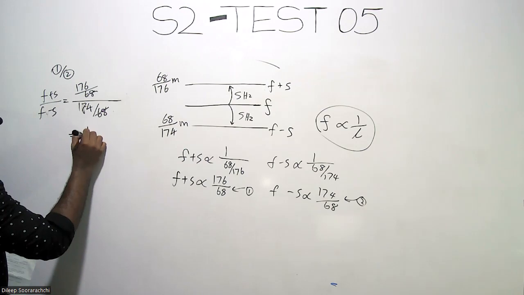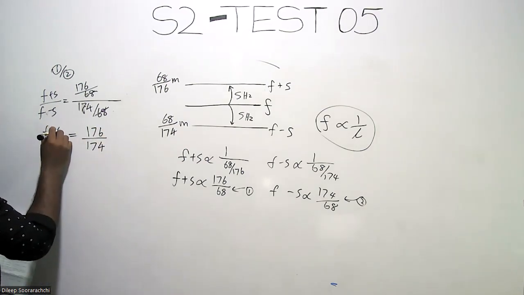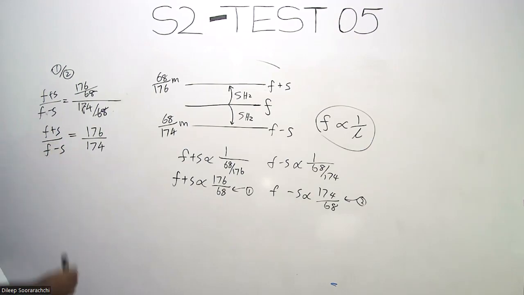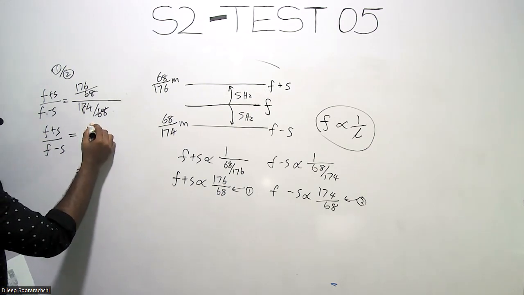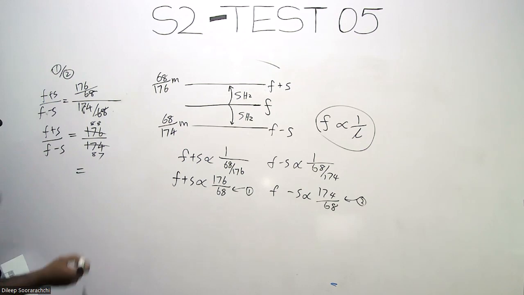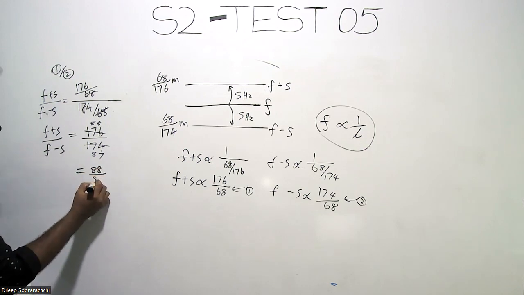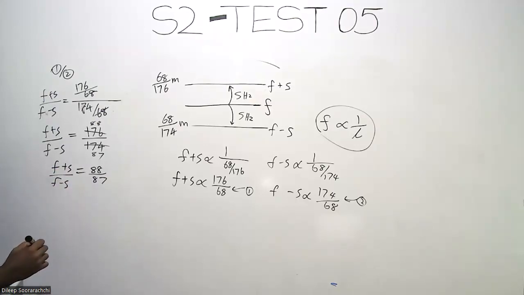So this is 176 over 174 equals F plus 5 divided by F minus 5. I'll further simplify this by dividing by 2. So this is 88 divided by 87, F plus 5, F minus 5.